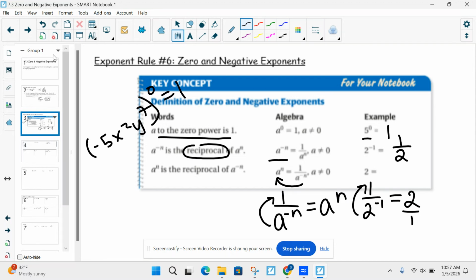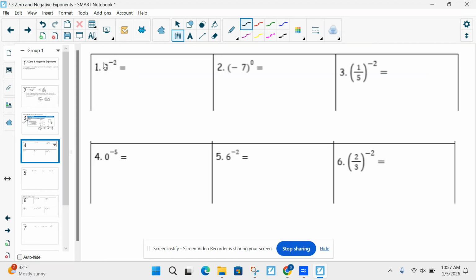Okay, so let's do some more examples. Number 1, 3 to the negative second. We would do the reciprocal to make the exponent positive and write that as 1 over 3 to the positive second. And I know what 3 squared is. That's 9, so 1 over 9. Number 2, since the negative 7 is in parentheses to the 0 power, the answer is what?